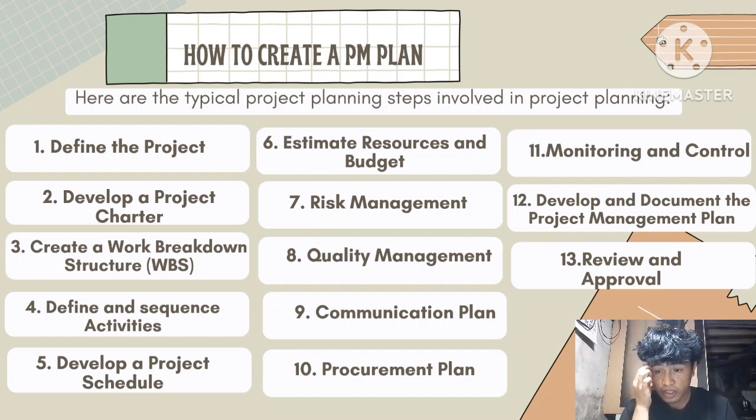Fifth, develop a project schedule. Sixth, estimate resources and budget. Seventh is risk management, and eighth, quality management. Number 9, communication plan. Tenth, procurement plan. Eleventh, monitoring and controlling. Twelfth, develop and document the project management plan. And lastly, review and approval.